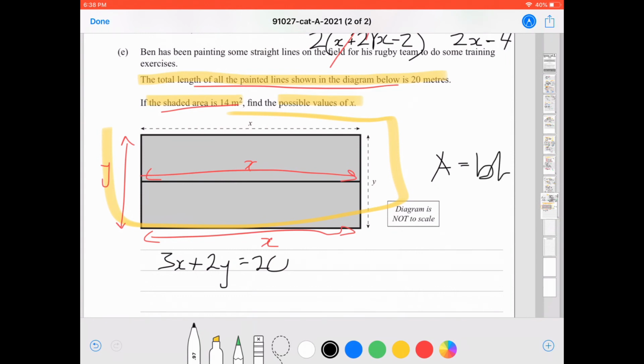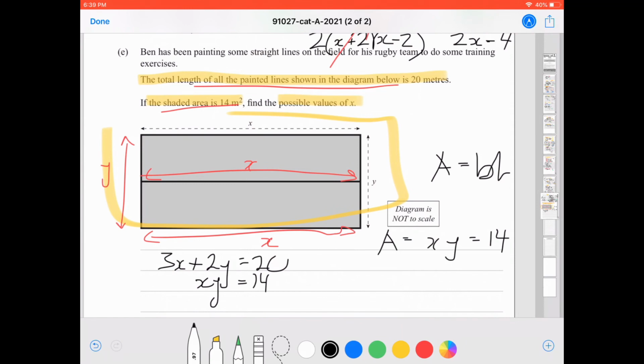The base is x, and the height is y, and that equals 14. Okay, so we've got two equations, 3x plus 2y equals 20, and xy equals 14. And we're trying to find x.